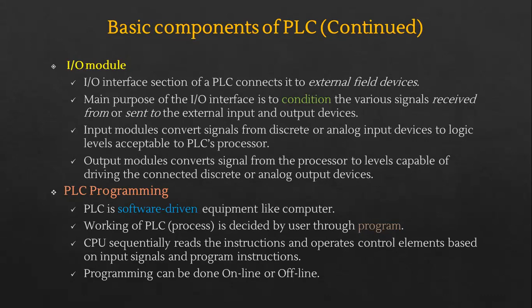Input modules convert signals from discrete or analog input devices to logic levels acceptable to the PLC's processor, as I had mentioned. Same thing for the output. The output module converts signals from the processor, because that is what has solved the computation, to levels capable of driving the connected discrete or analog output devices. So that is what the output module does.